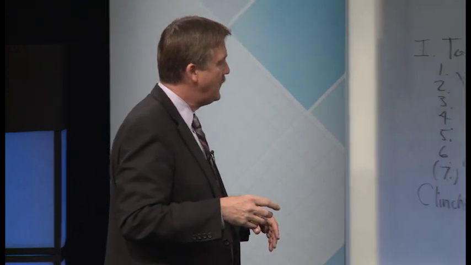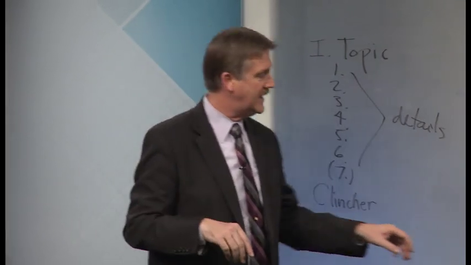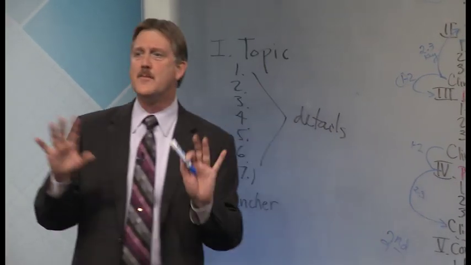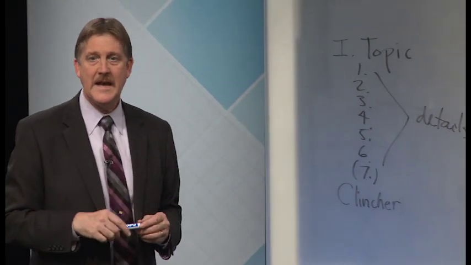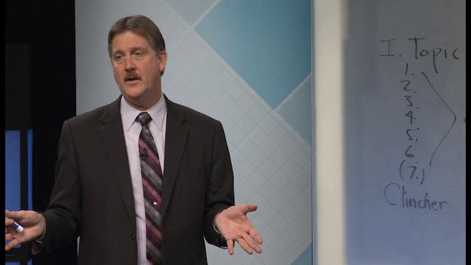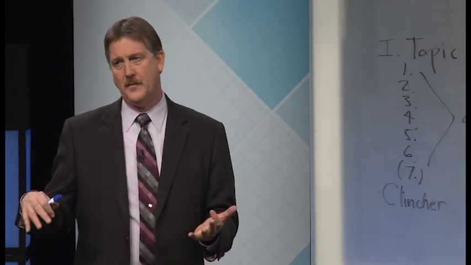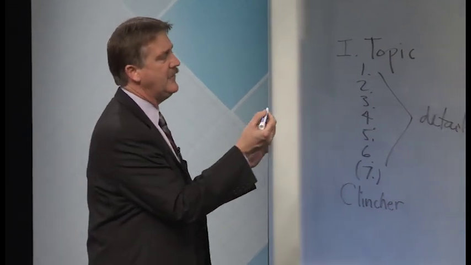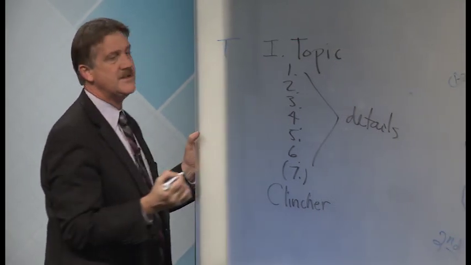So the TRIAC is kind of like the Swiss Army knife, kind of like the Leatherman tool of paragraph models. It's very versatile. It'll do lots of organizing for you, but it won't solve every problem. But it's a good one to have. And the way it works is T stands for topic.